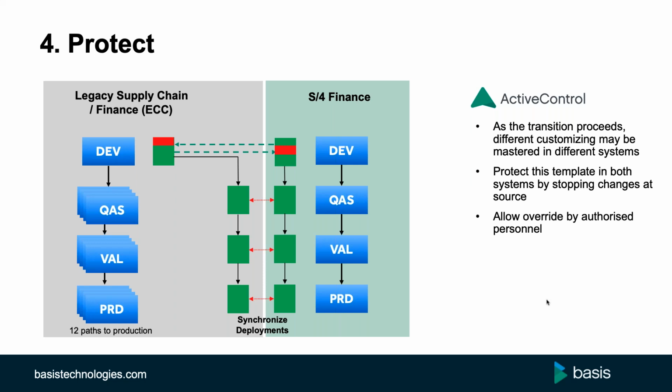And so again, you can selectively determine which portions of your template you would want to control or lock down on either the ECC or the S4 side. And that may evolve as you go through your overall journey and transition to S4.